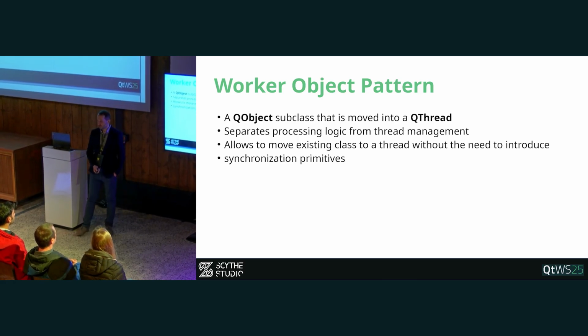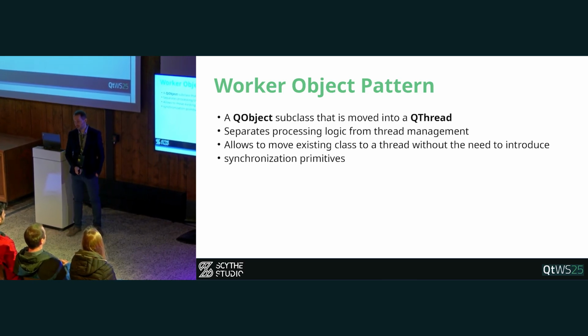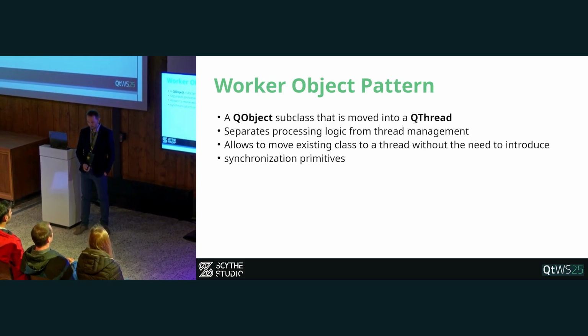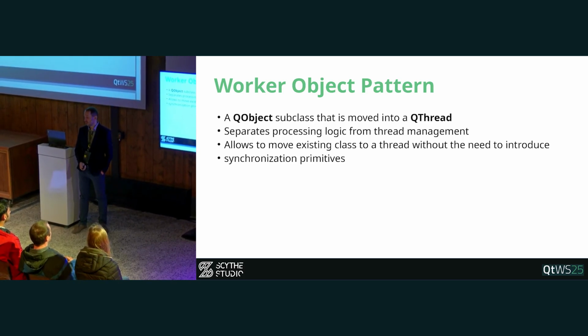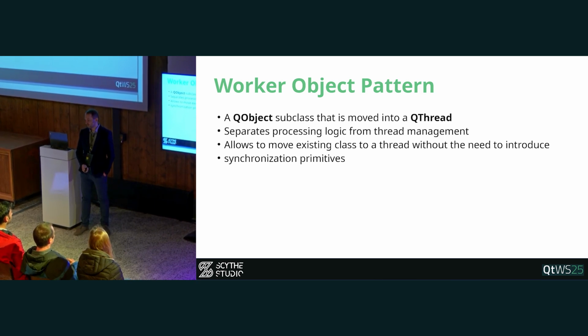There is something which is called the worker object pattern, and it is preferred over subclassing QThread directly. In this pattern, we have a QObject subclass which we move to a particular thread, and the idea behind this pattern is to separate business logic from thread management logic.